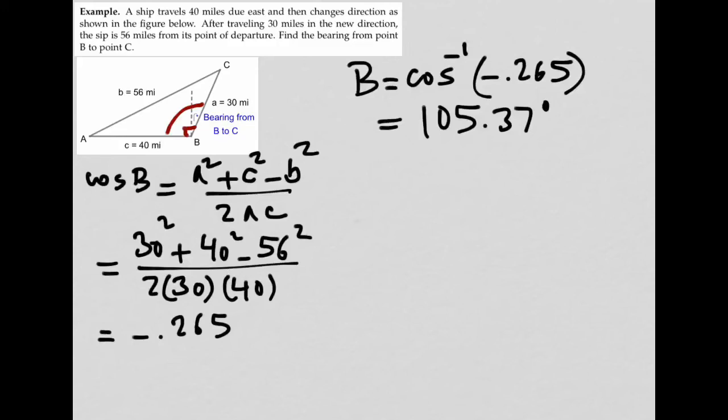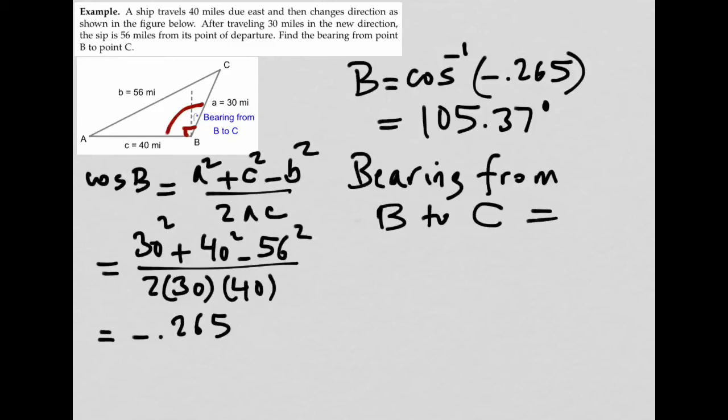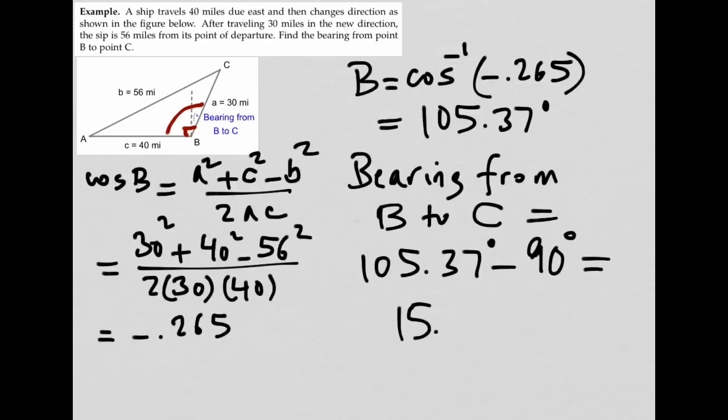If we take away 90 degrees from that, we get exactly the bearing from B to C. So the bearing from B to C is equal to 105.37 degrees minus 90 degrees, and that's equal to 15.37 degrees.